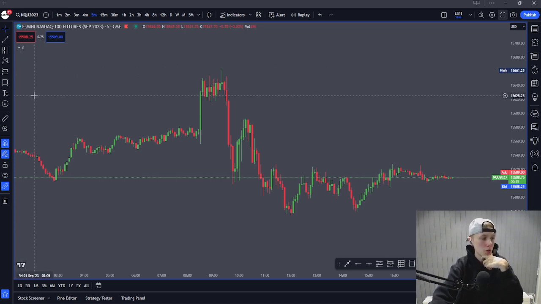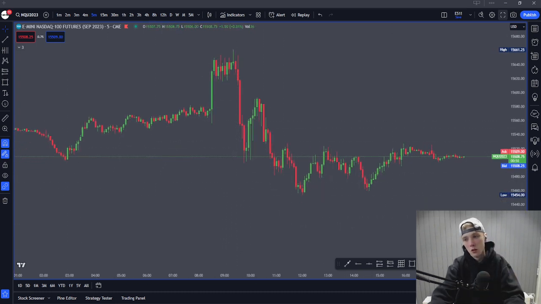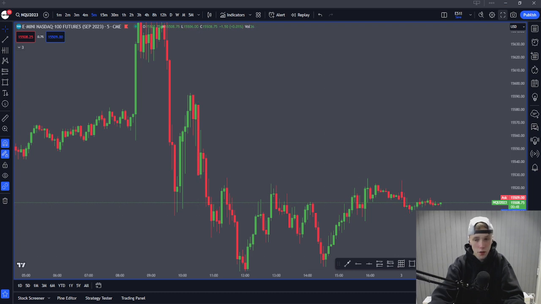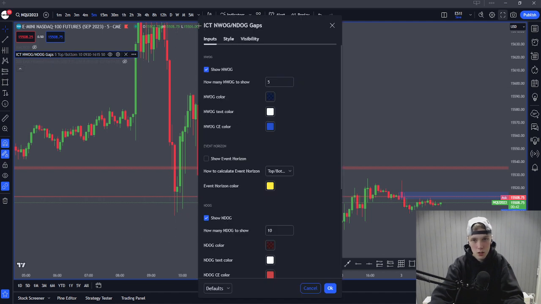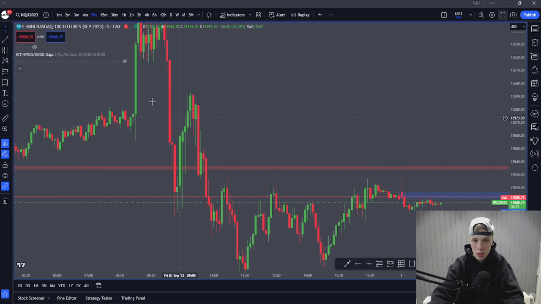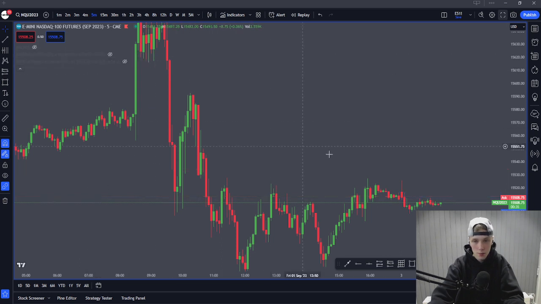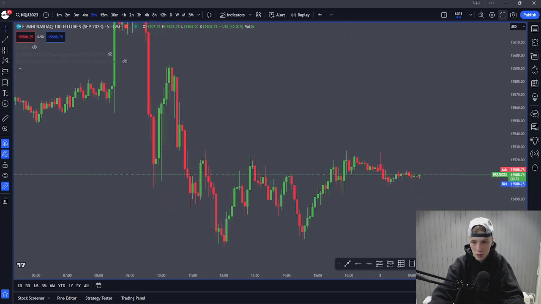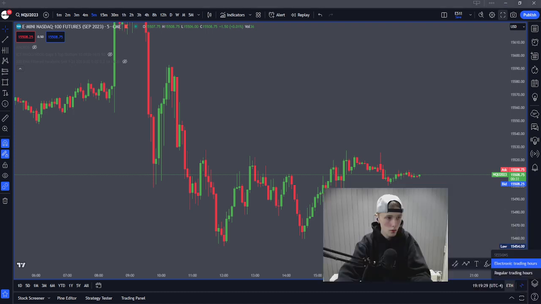All right, so new day opening gaps, new week opening gaps, and opening price range. For the new day opening gaps, I do have an indicator for that. It's called ICT NWOG and NDOG gaps. But to see your new week and new day opening gaps, you have to go to regular trading hours here to the bottom right.